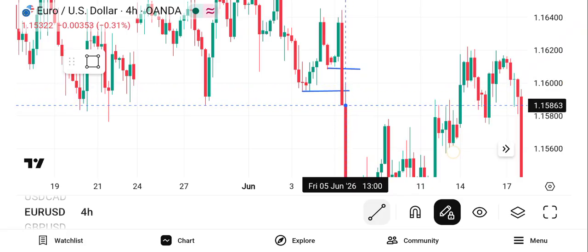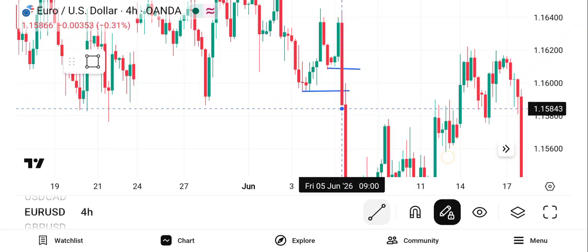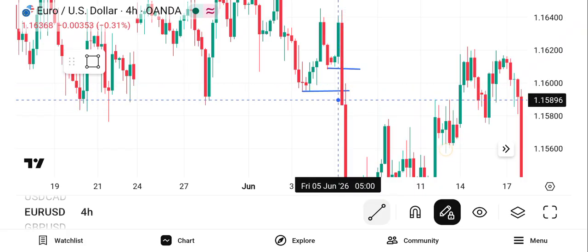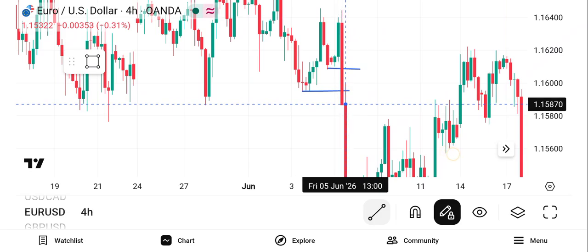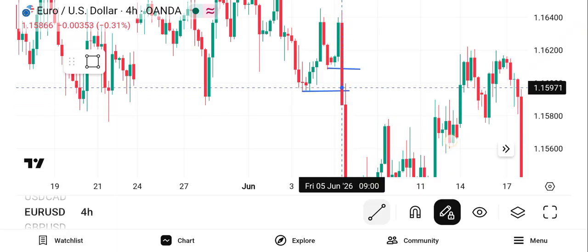And for your inducement to be valid, it has to pull back and then close below the candle that causes the double break of structure. It has to pull back and close below it, or close at this exact point. But this gave us a very beautiful valid pullback, which is our inducement.